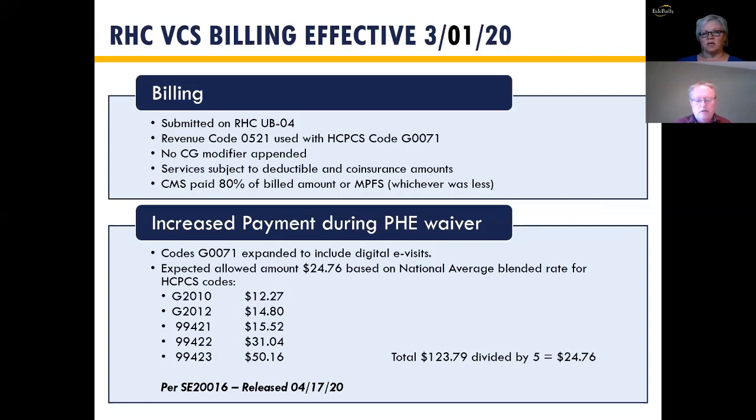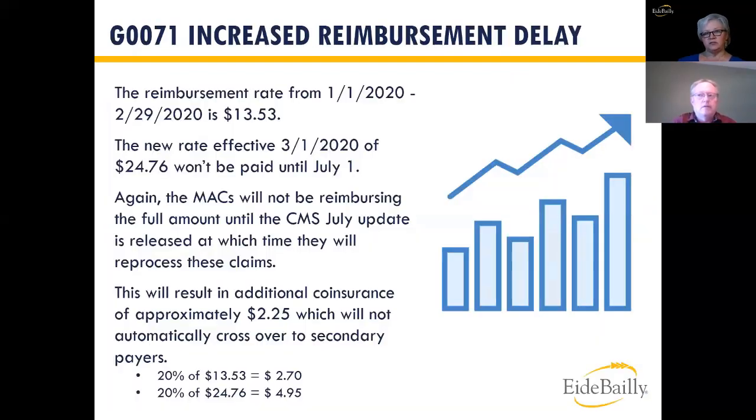Per MedLearn Matters SE20016 that was released on April 17th, they're going to go back to your claims that you submit from March 1st on with the G0071, and they will reprocess those and pay you this additional rate of $24.76, because that's what the new rate is effective March 1st.